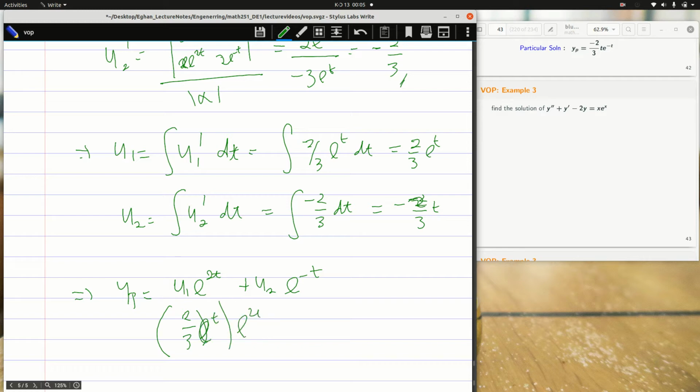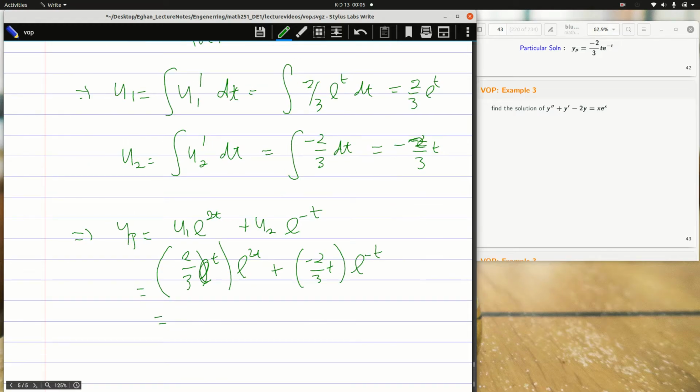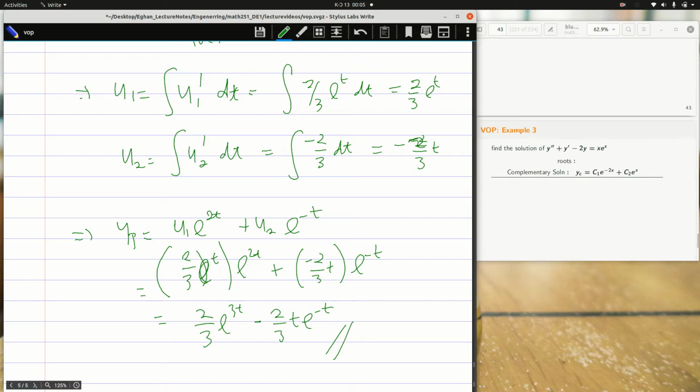Please, when you are done, don't forget to do the substitutions. Okay, so I'm going to get 2 on 3 e^(3t) minus 2 on 3 t e^(-t). This is my particular solution, and so I add it to the complementary to have the general solution. You can verify these things.